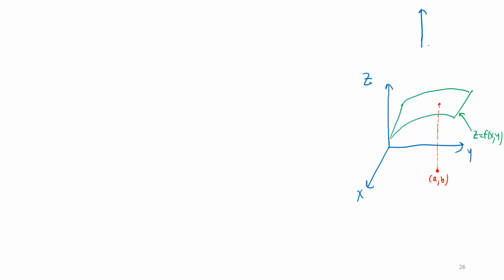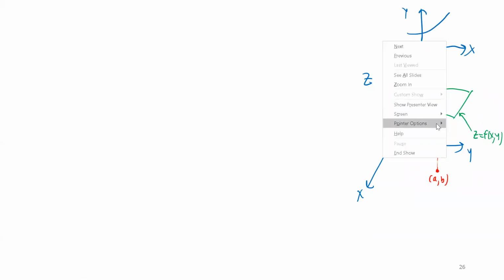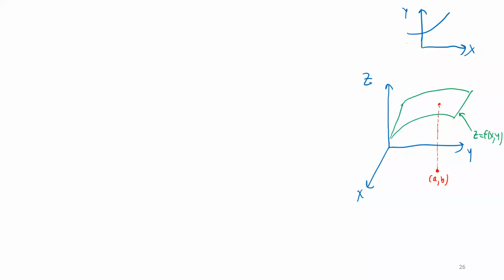So naturally, in this case we have a curved surface, and you expect that the first order Taylor polynomial will be a tangent plane, a flat plane that is tangential to this curved surface at this point.